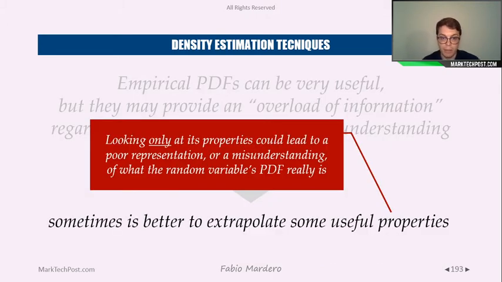But remember that looking only at its properties, the properties of the random variable, could lead to a poor representation or even a misunderstanding of what the random variable's behavior really is.